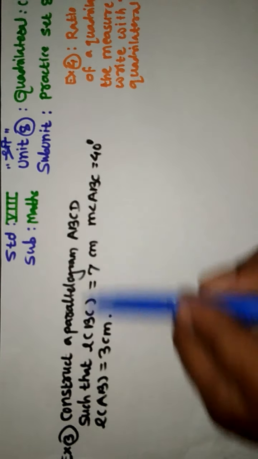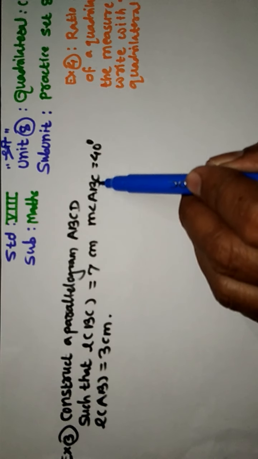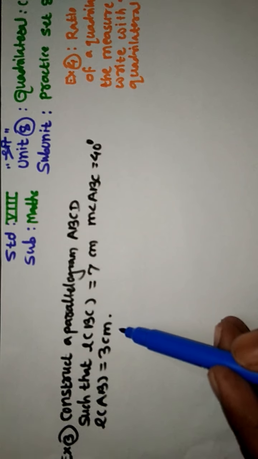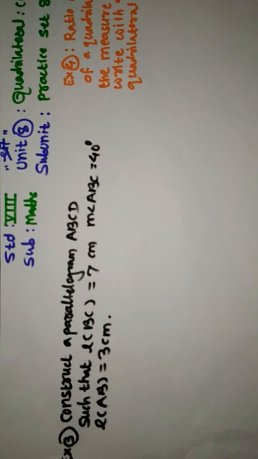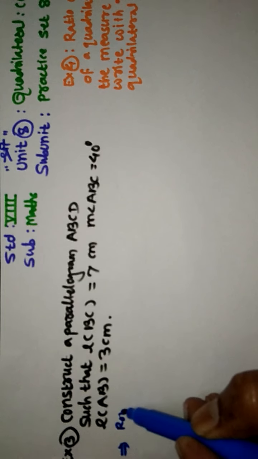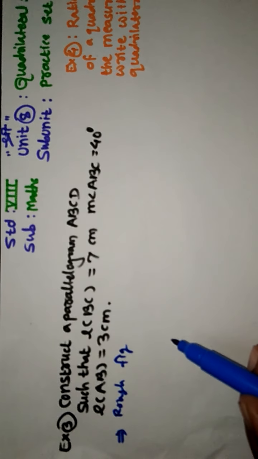Example number 3: construct a parallelogram ABCD such that length BC is 7 cm, angle ABC is 40 degrees, length AB is equal to 3 centimeters. First we draw a rough figure for this construction.